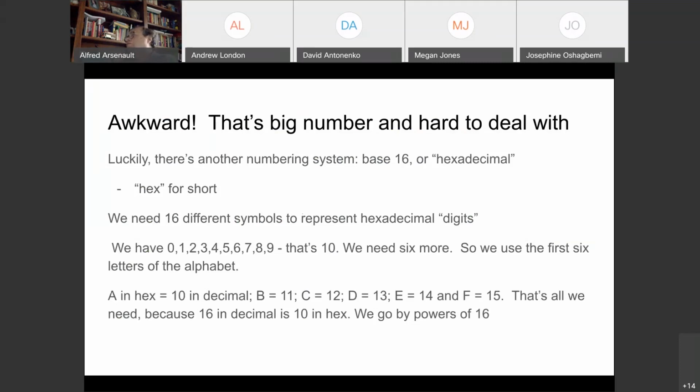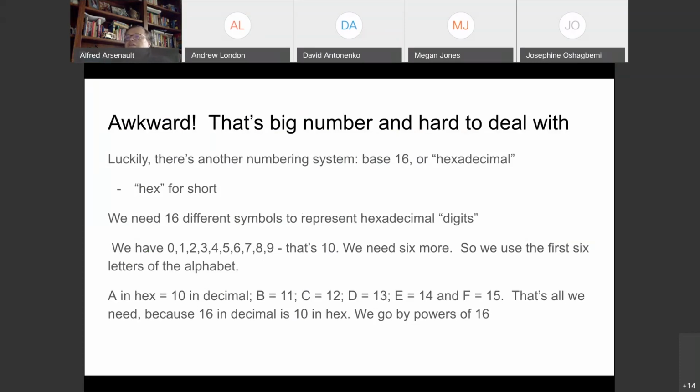Now, the problem with hexadecimal is we need 16 symbols to represent the 16 digits. With binary, we only needed 2, 0 or 1. With decimal, base 10, we needed the 10 we've always got, 0 through 9. If we're talking base 16 hexadecimal, 0 through 9 is not enough.